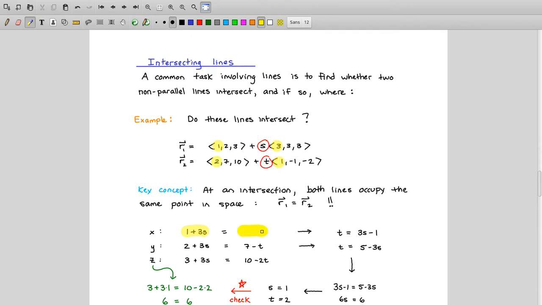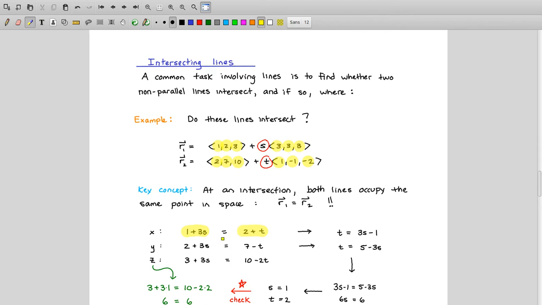And we make those equal to each other. Then we look at the y components: 2 plus 3s equals 7 minus t. And in the z components, 3 plus 3s equals 10 minus 2t. And if the lines intersect, all three of these equations must be satisfied at the same time.